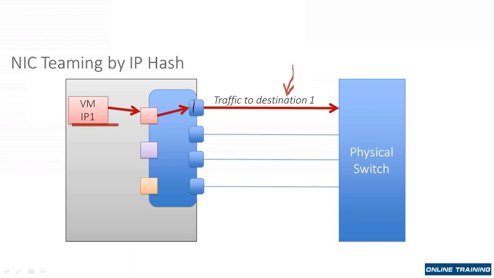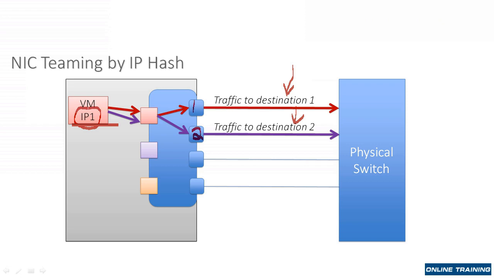Now, if this virtual machine also generates traffic to some other destination, the VMnic used is again going to be based on the source IP and the destination IP. Because this traffic is flowing to a different destination, it's going to be load balanced across a different physical adapter, a different VMnic. And now my virtual machine is actually able to utilize the bandwidth of multiple physical connections on my virtual switch. So that's NIC teaming by IP hash.